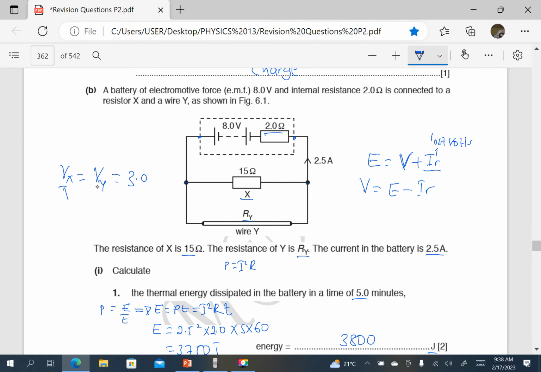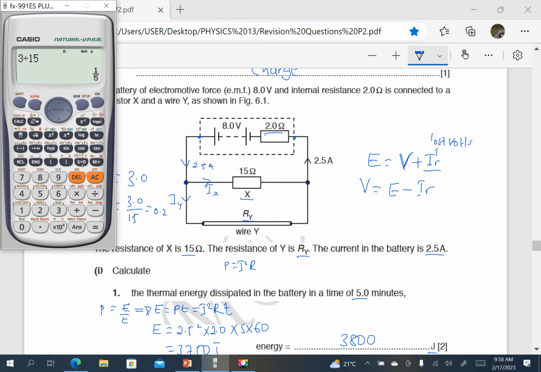So we can find the current which goes through X. Since we know the total current here as 2.5 amperes, when it reaches here, it divides. Part of it goes into X and part of it goes into Y. So I in X is going to be the PD across X divided by the resistance of X, which is 3.0 divided by 15. 3 divided by 15, that is 0.2.